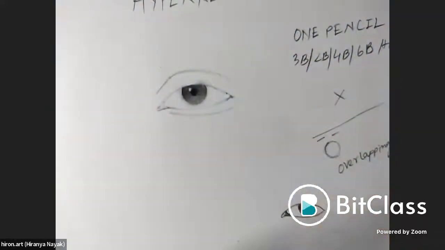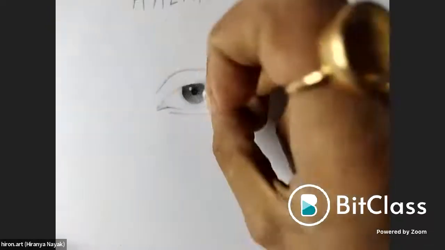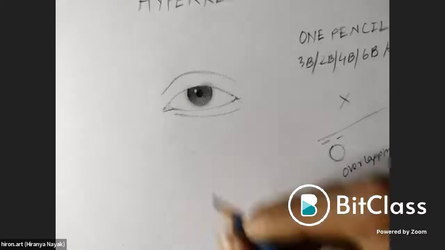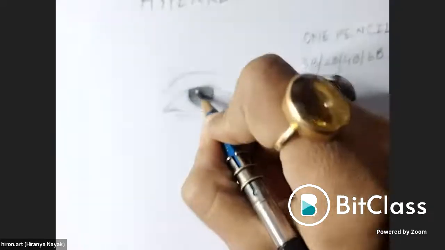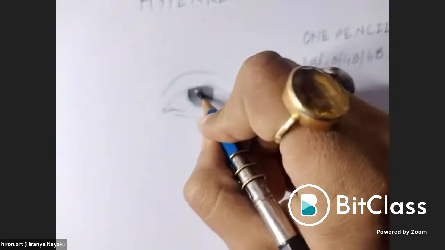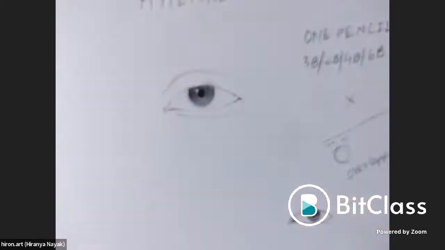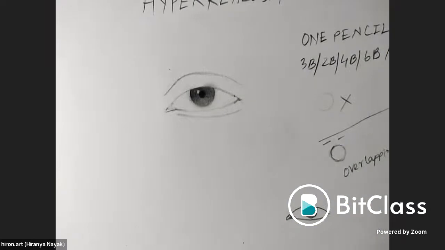And even if you are going outside of the circle, that's okay. Just do this, okay? And I will just make it look a little more darker. Do up to this and let me know if you're done.